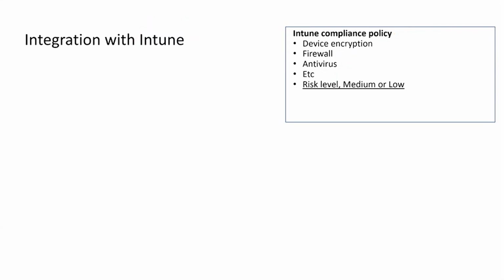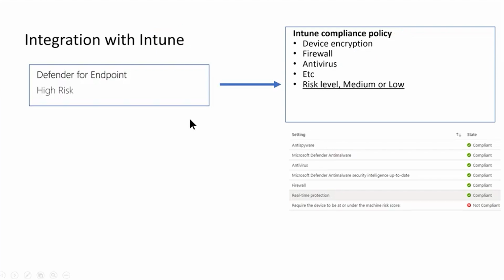The good news is when we implement Defender for Endpoint, we can get the risk level from each device into the Intune device compliance. And then I can say the risk level must be medium or low for the device to be compliant.